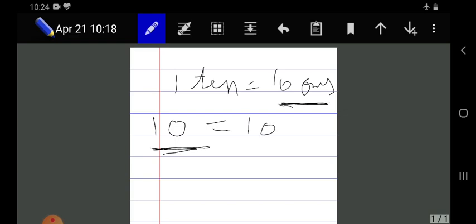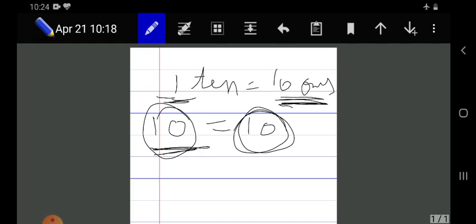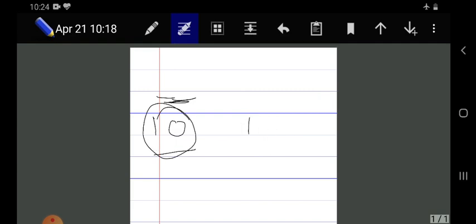If we write 10, that means 10 ones. This is a 10, this is the tens place, and at the ones place it will be simply 10. So 10 will be seen as 10 ones. This is a simple one. In the next you will understand what I want to say.